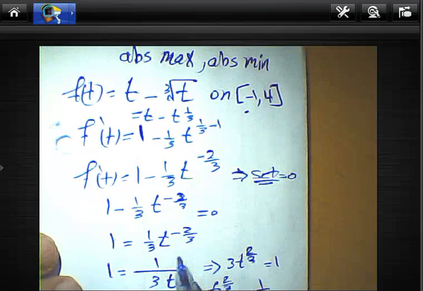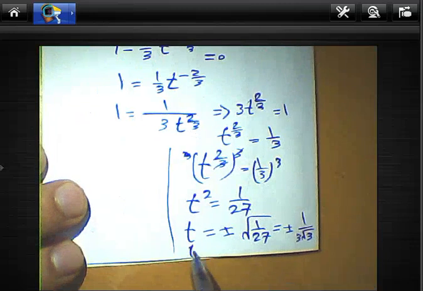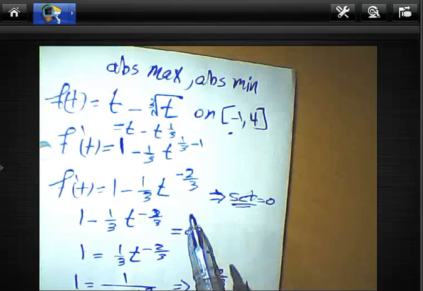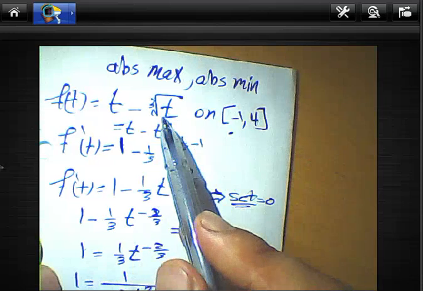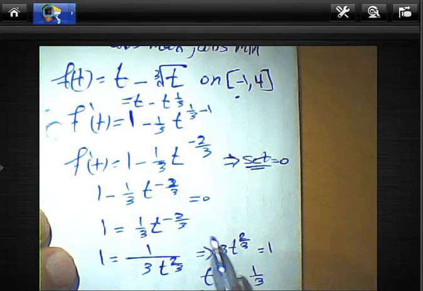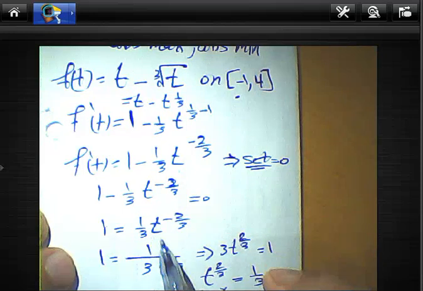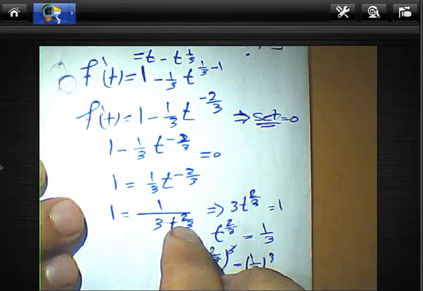If we have a fraction, we must find a critical number, so t will be equal to 0, because t is in the denominator. If we have the square root or any cube root in the denominator, we must find a critical number at 0 here. So the denominator will be equal to 0.